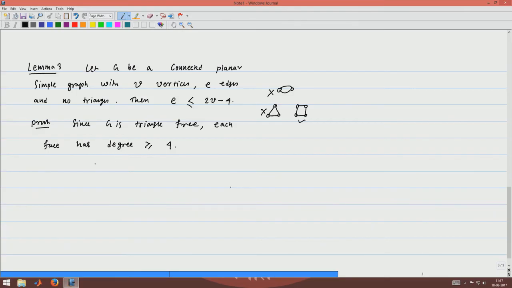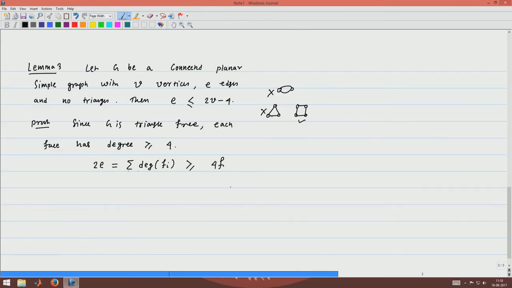Now, again the same thing, that twice E is the sum of face degrees, the degree of Fi, and I am replacing each degree by a smaller quantity, 4, and there are f many faces.